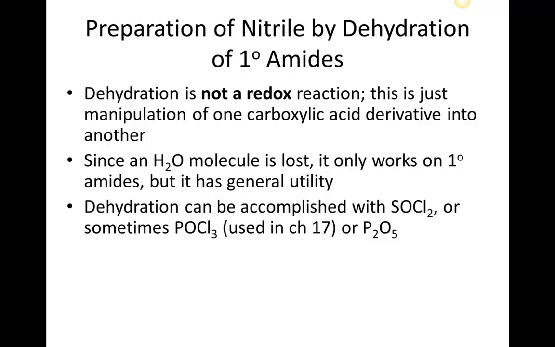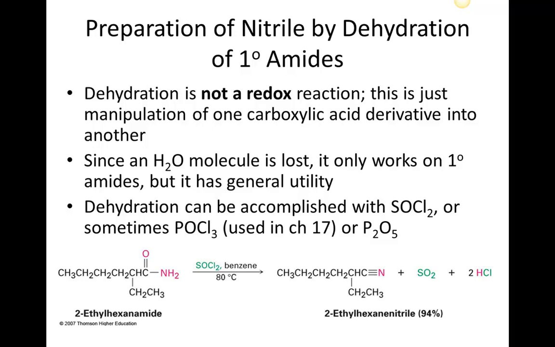Some other things can be used. We also in chapter 17 learned about phosphorus oxychloride. It can be used to remove water. Or phosphorus pentoxide is very popular as a dehydrating agent. It's a little more sensitive to moisture even than the thionyl chloride, so you have to take care when you store it to keep it dry.